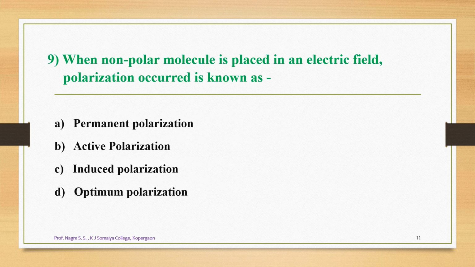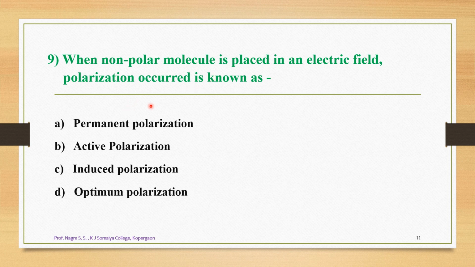The next question is question number 9, and the question is, when a non-polar molecule is placed in an electric field, the polarization that occurs is known as. We know very well that whenever a molecule is non-polar, initially it has zero polarity, but whenever it is placed in an electric field, there is a formation of some polarity.